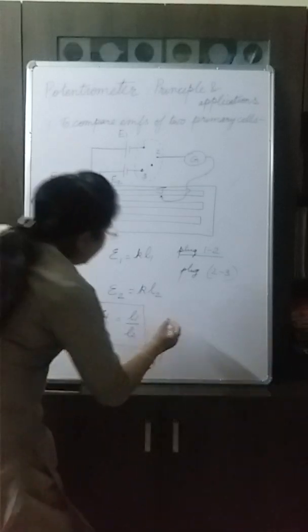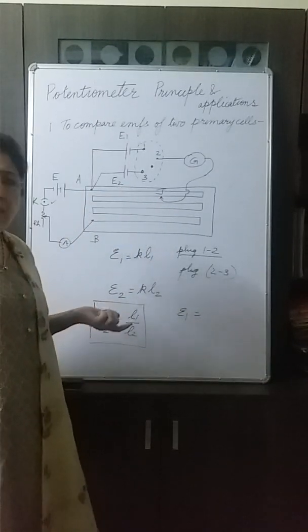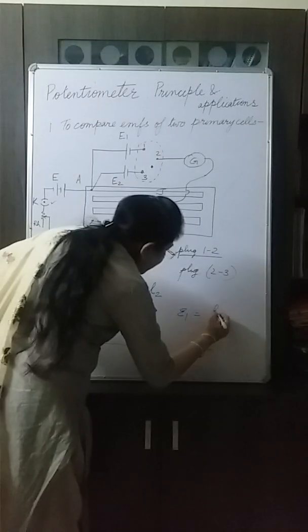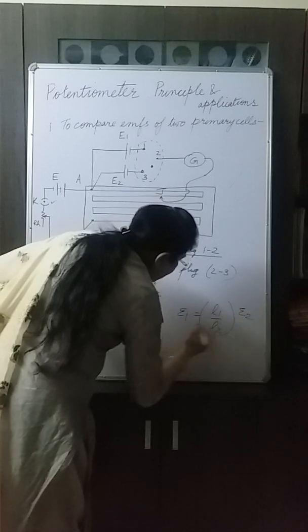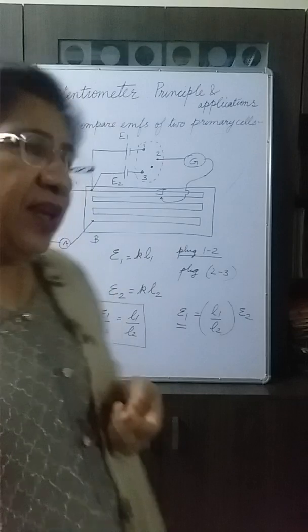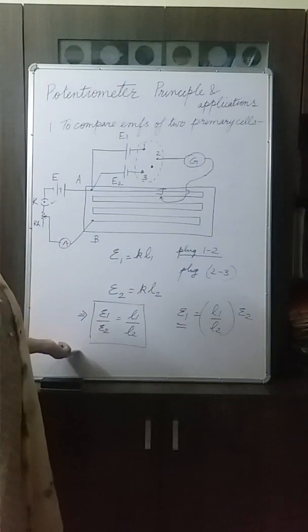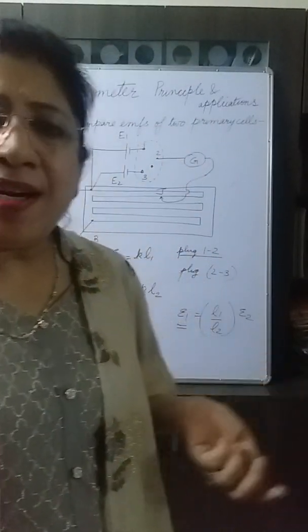In case one of these cells is a standard cell like your dry cell, then you can also find the EMF of the cell whose EMF is unknown. E1 would be equal to L1 upon L2 into E2. So we can use it for comparing the EMFs of two primary cells, or we can also use it to find the EMF of a cell when we have some standard cell.